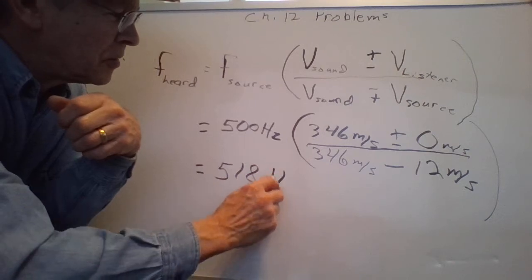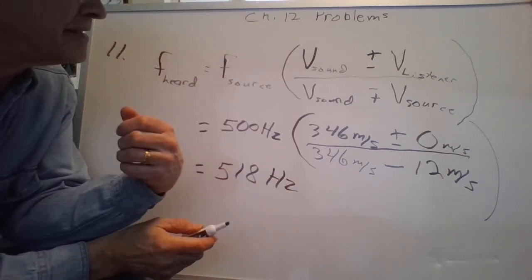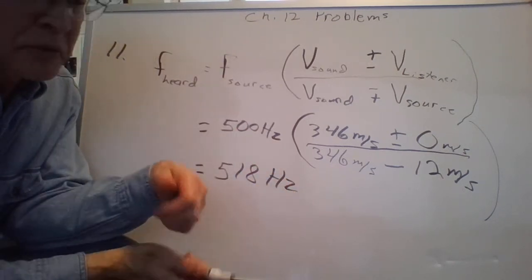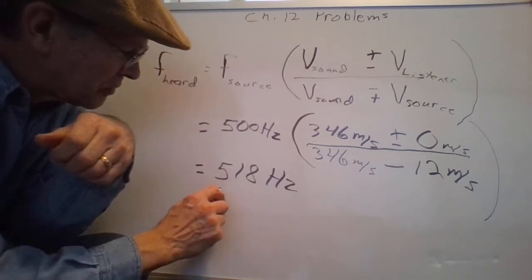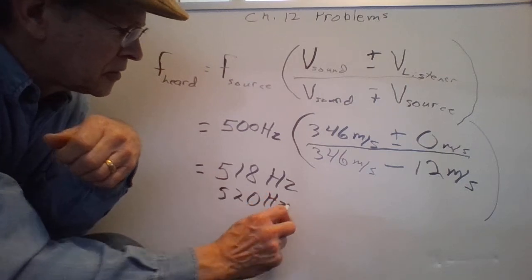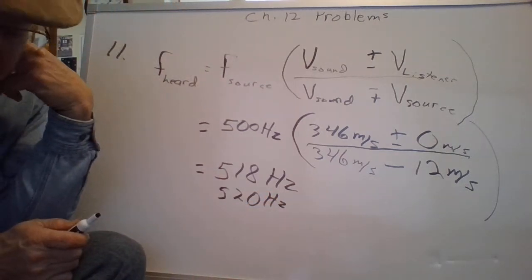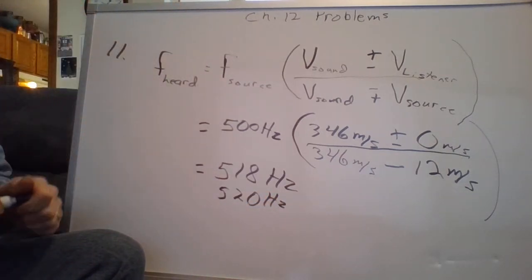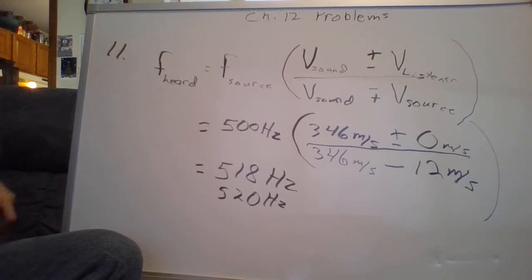Can we report that many? I suppose we really only can report two significant figures, we'll say 520. 520 hertz. What if it was moving away from him? That would change things, wouldn't it?